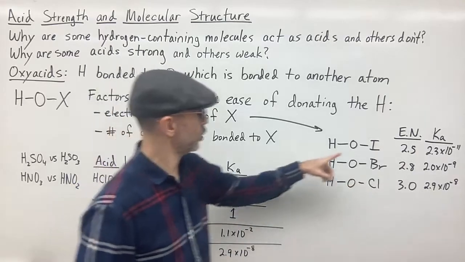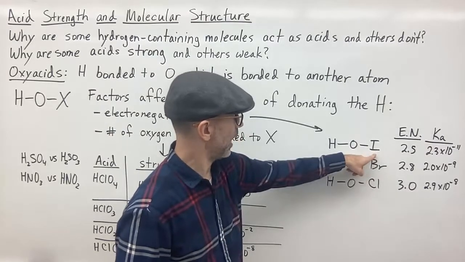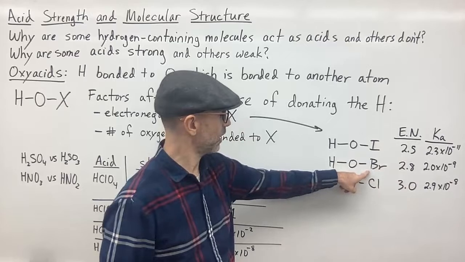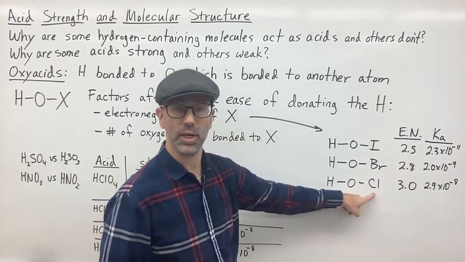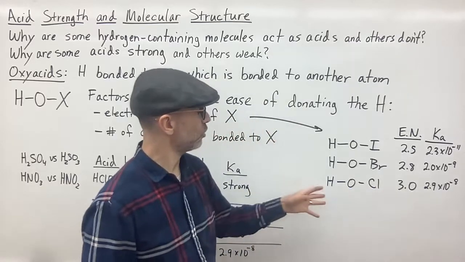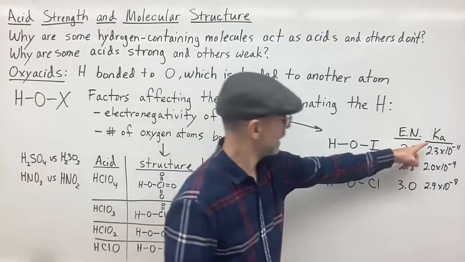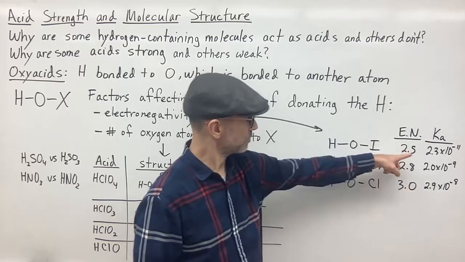If we look at the electronegativities of these three elements, iodine has an electronegativity of 2.5, bromine has an electronegativity of 2.8, and chlorine has an electronegativity of 3.0. You can see that the Ka value is increasing as the electronegativity increases.